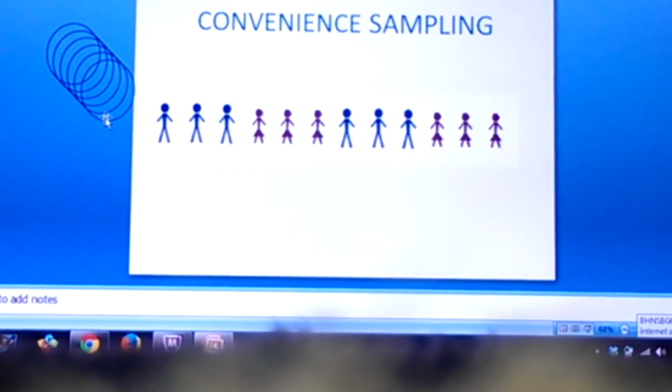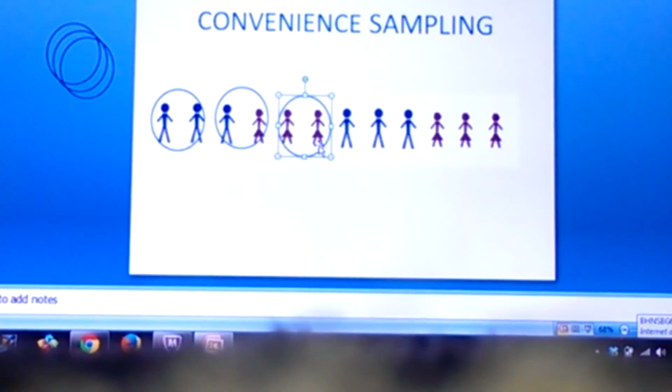What a lazy person would do following the convenience sampling technique is they would choose the first 6 people that they come in contact with. As so. Now, this is very, very inconsistent. So you should never use this sampling technique when trying to gauge the population.